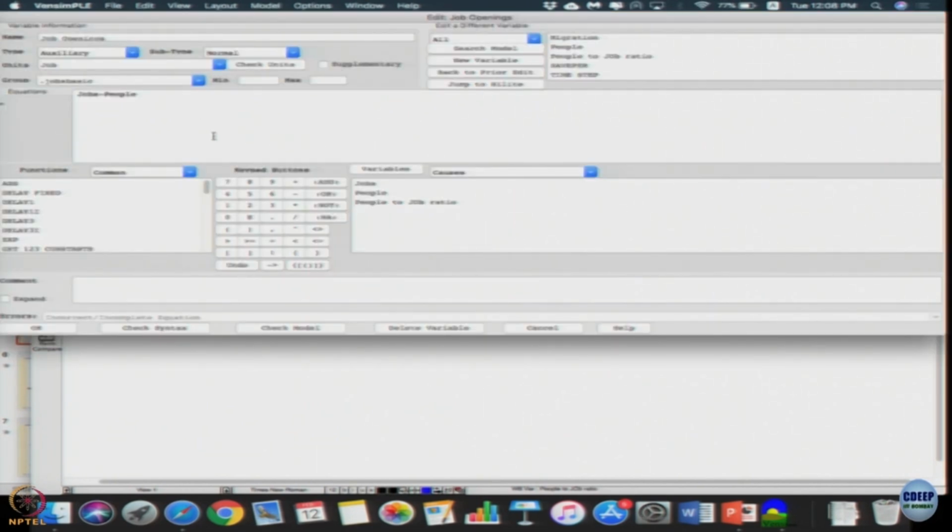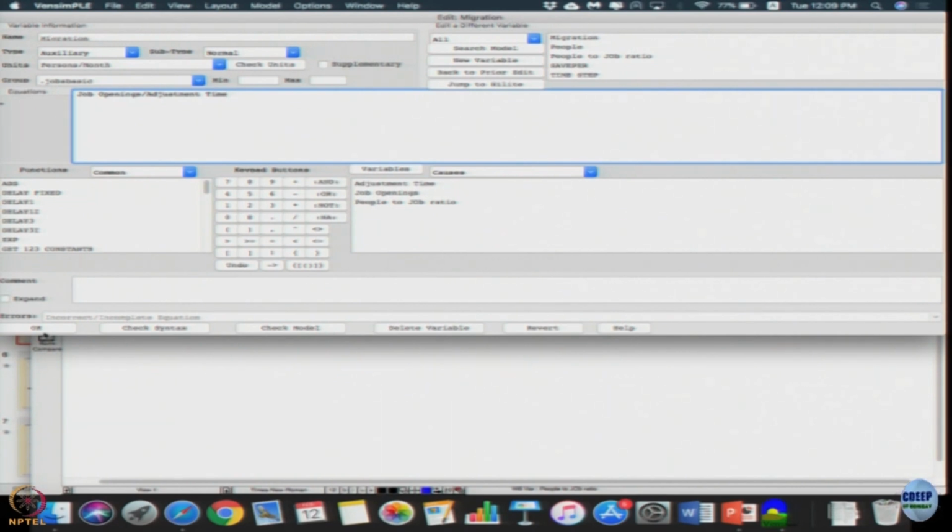How will I change the job openings equation? I need to convert it into units of jobs. So, I will say job minus people divided by people to job ratio. And here I can check syntax.